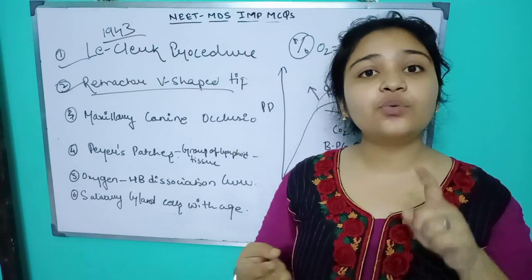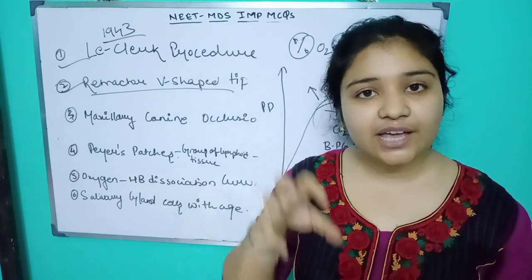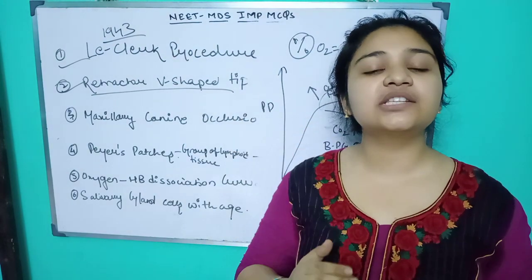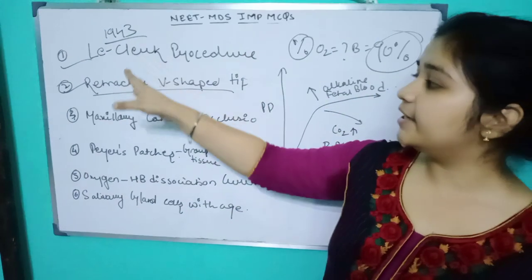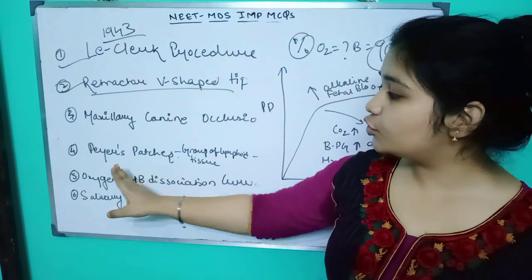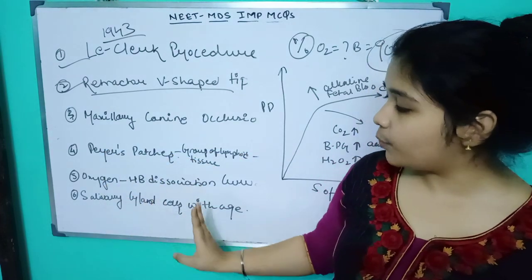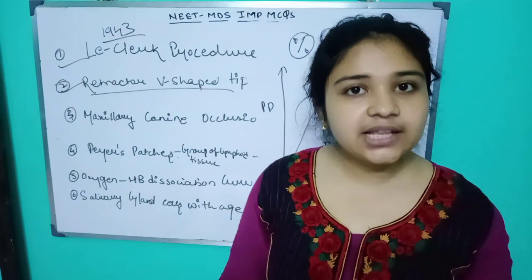In the second lecture we discussed the carious lesion as well as the cusp sizes. In the third we discussed these four points, and in the fifth lecture we discussed Lee-Clark's procedure, retractor V-shaped tip, maxillary canine occlusion, Peyer's patches, oxygen hemoglobin dissociation, and salivary gland cells with age. These are all the things.